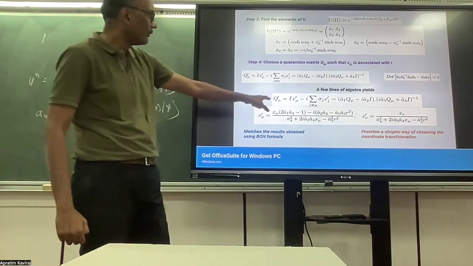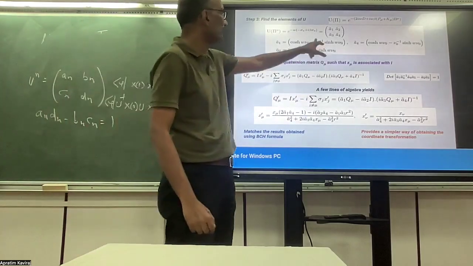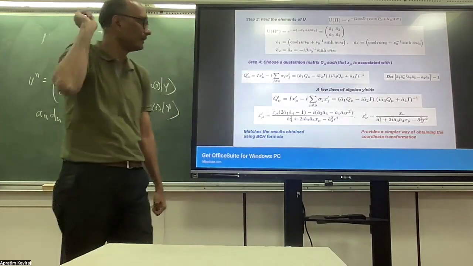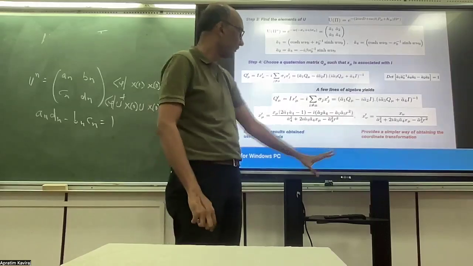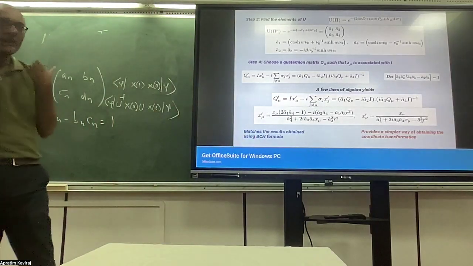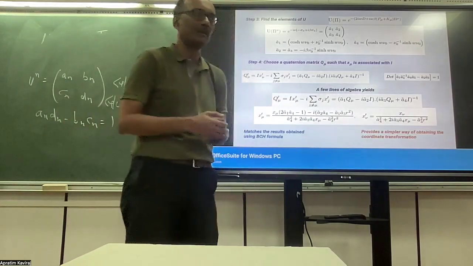Then what you can do is check, because now I have this method of computing my coordinate transformation and I know the exact result, and we can do a few lines of algebra to see that it matches the BCH form. But the point is that this gives you a hugely simplified way of evaluating these coordinates.